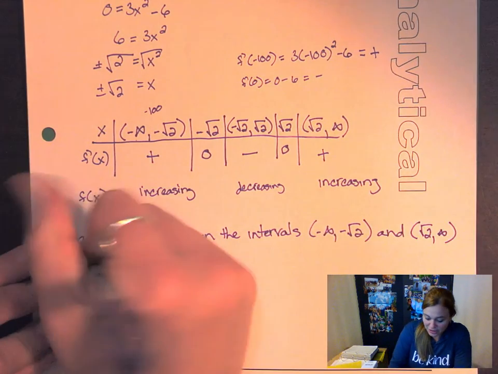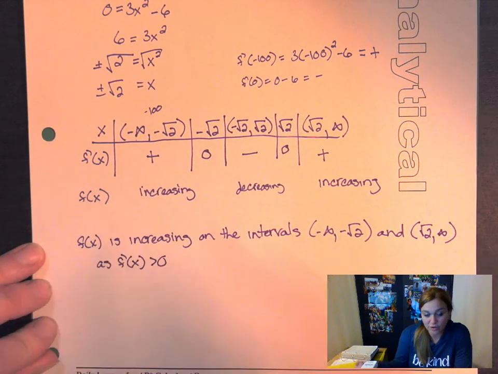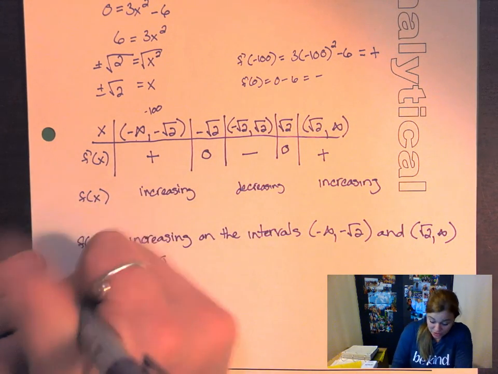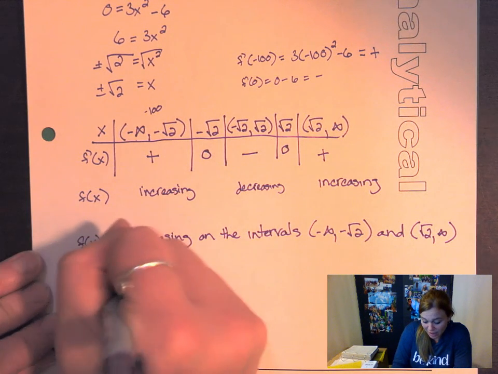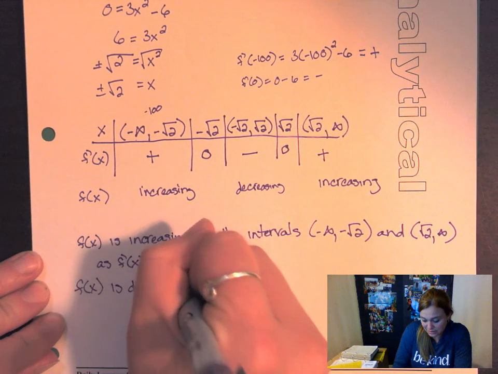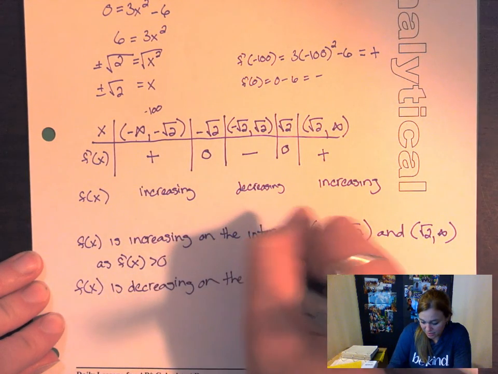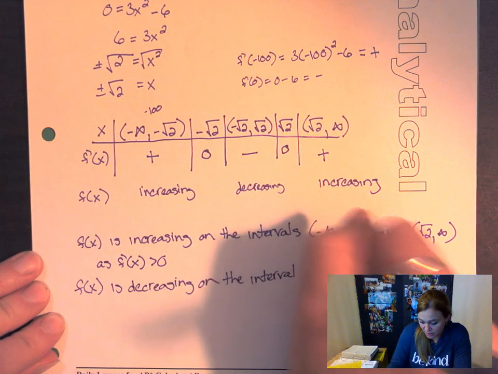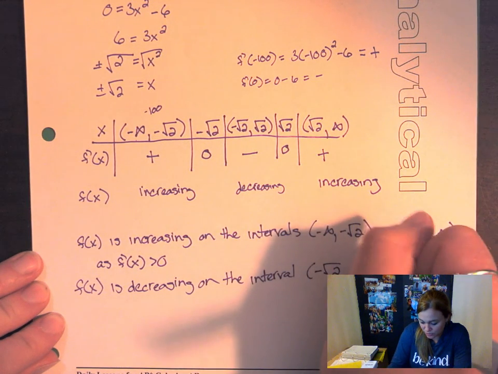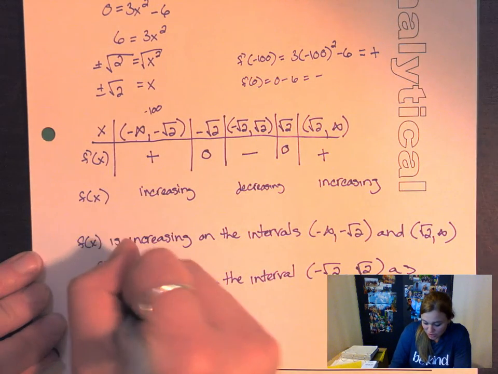And my justification is as f prime of x is greater than 0. The next one I'm going to do the same thing. So you try to write it down, that f of x is decreasing. Fill in the rest of the sentence. On the interval negative square root of 2 to square root of 2, as f prime of x is less than 0.